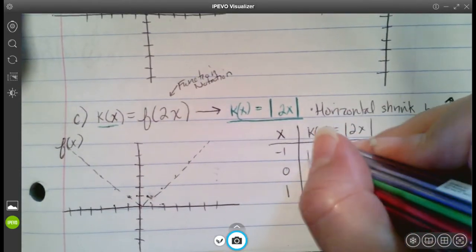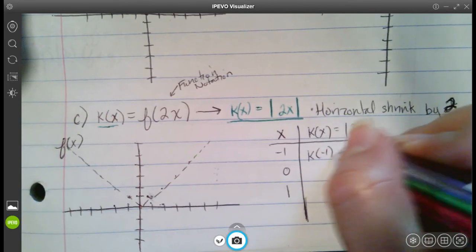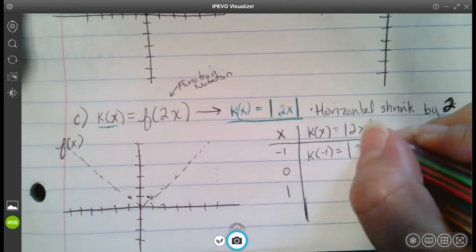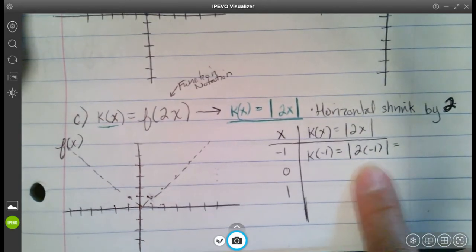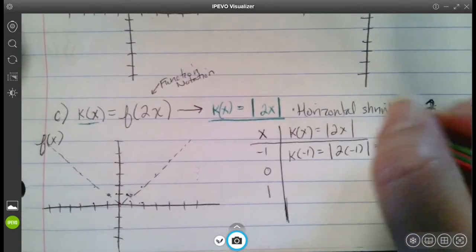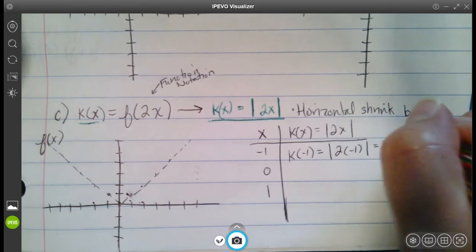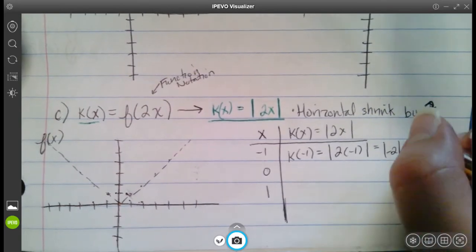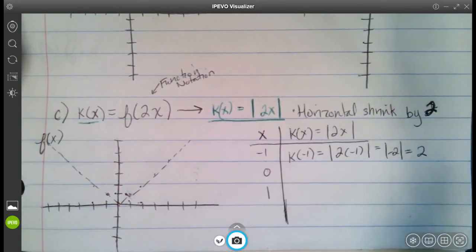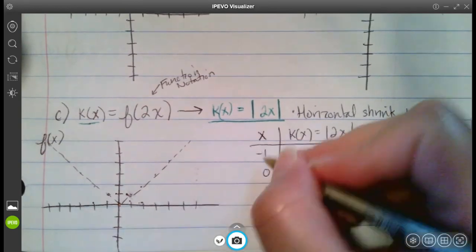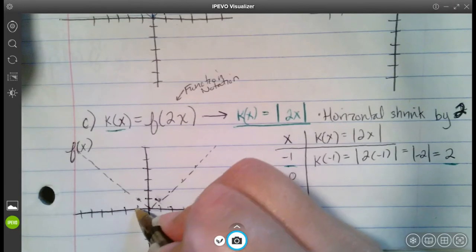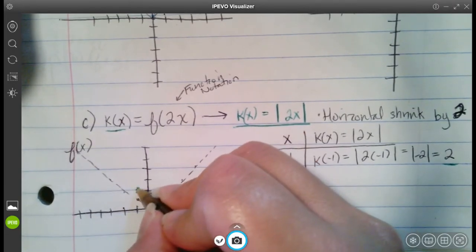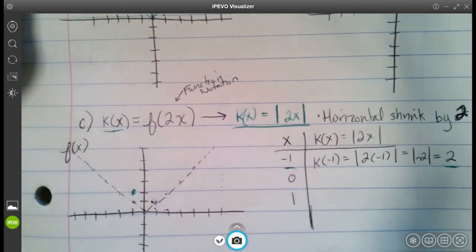So for -1, we would have k of -1 is equal to the absolute value of 2 times -1. 2 times -1 is -2, but the absolute value of -2 is 2. So that first point that I have to plot is -1, comma 2. So there it is.